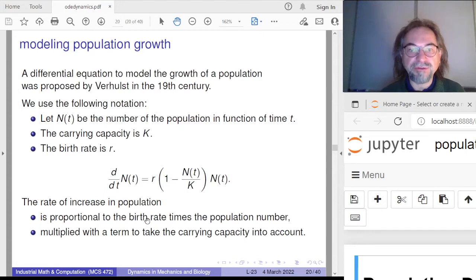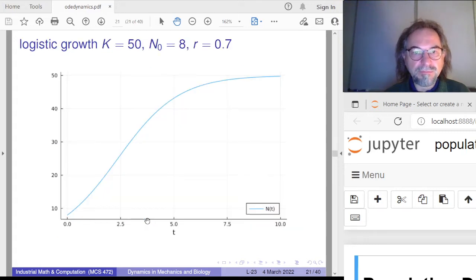So the rate of change declines steadily as the population size grows. The advantage of this model is that one can predefine the carrying capacity of the population. So these are the two important parameters. It is here shown.